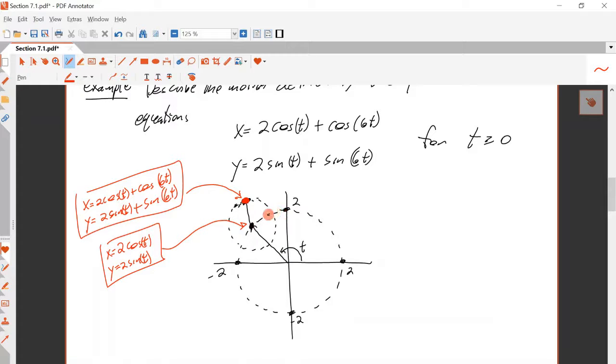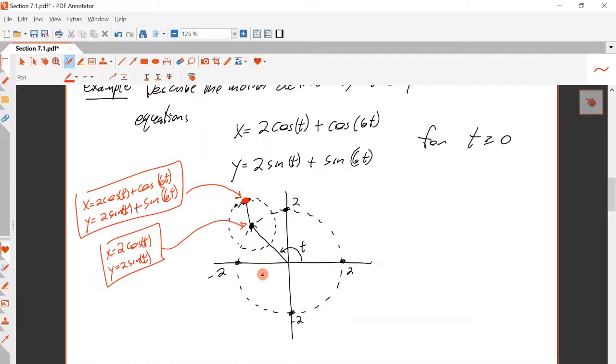So it's like we're describing a set of points moving around this circle, but then you have this thing moving around like that. So it's doing something like this as it goes around the circle. See what I'm doing? I'm pretty sure that most of you have interacted with this kind of motion at least 1 or 2 times in your life. We have this circle of radius 1 that's moving faster, and then you're moving around this circle more slowly.